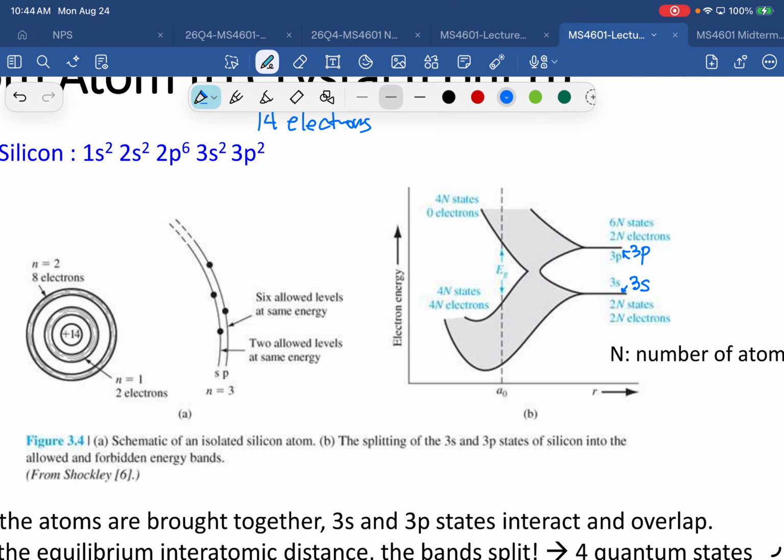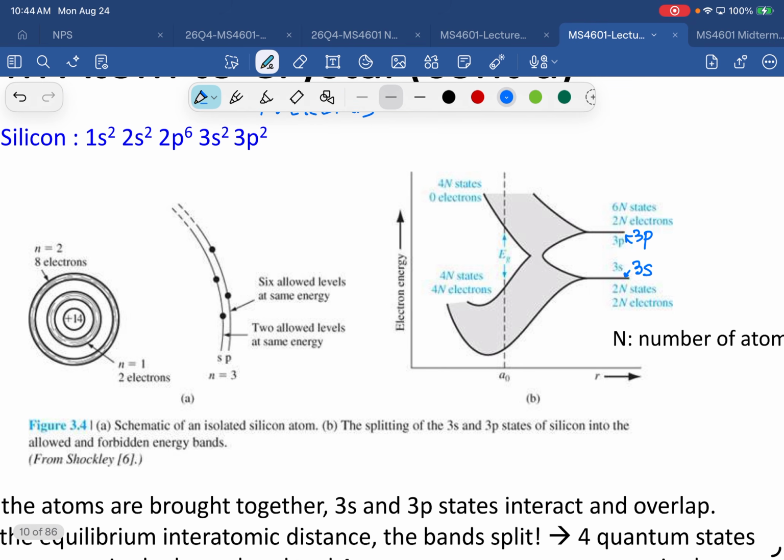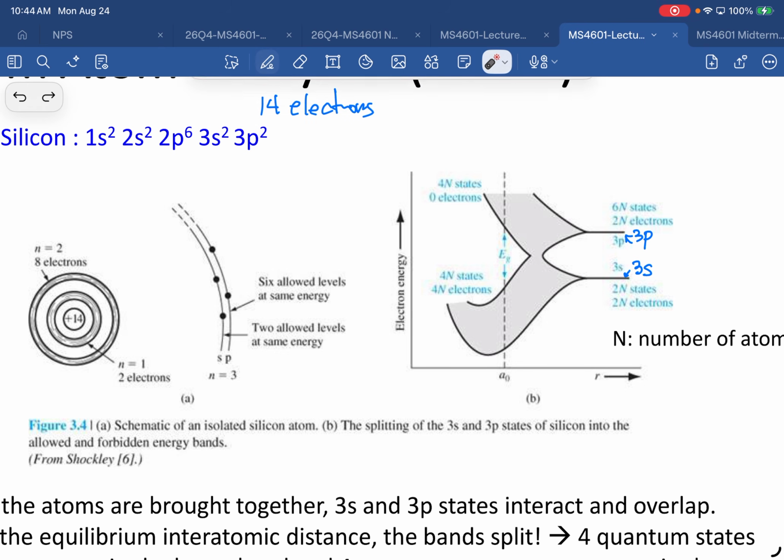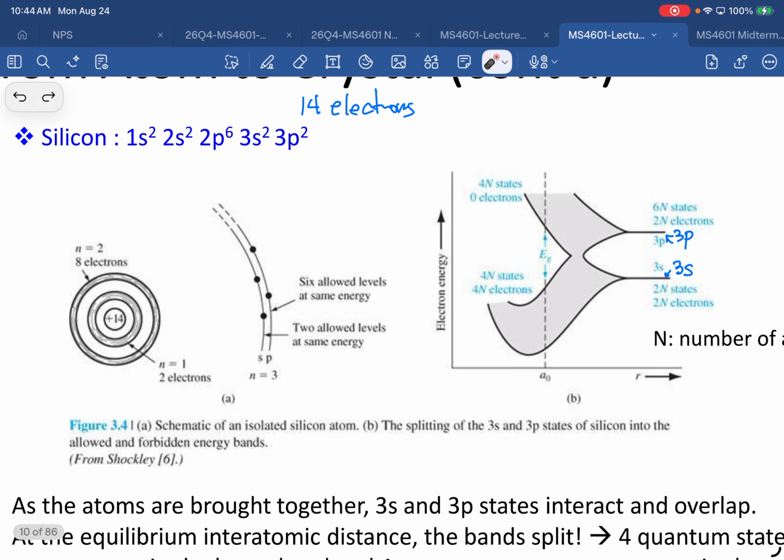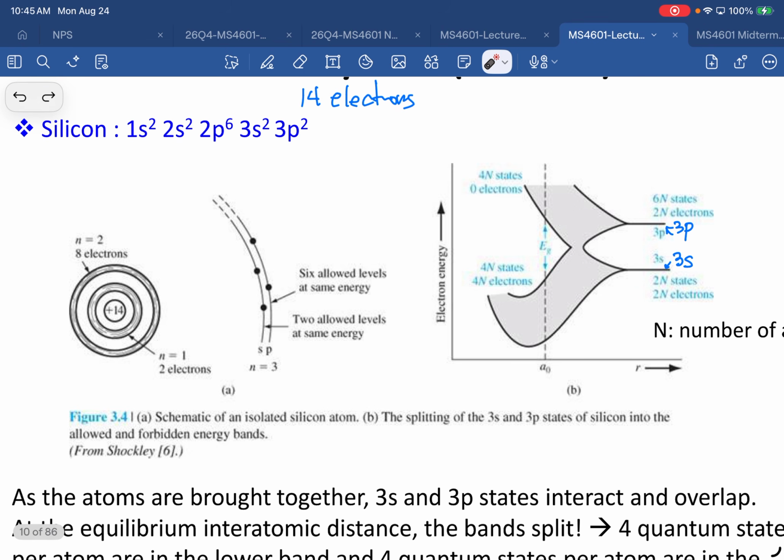So then, if we bring them further together, energy splitting happens, and now these 3s and 3p energy bands are mixed with each other right here. Okay? And then if we bring the atoms even closer to the equilibrium position, what happens is that now there is a lower band and then a higher band.